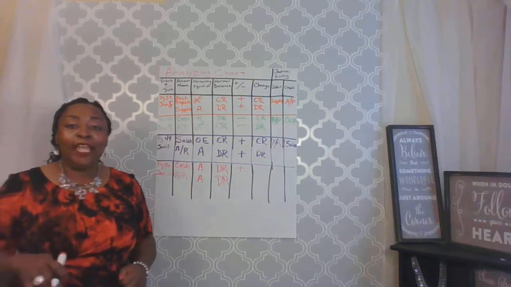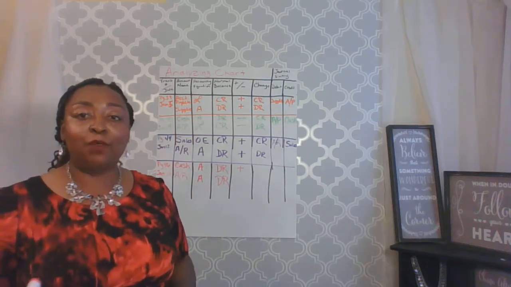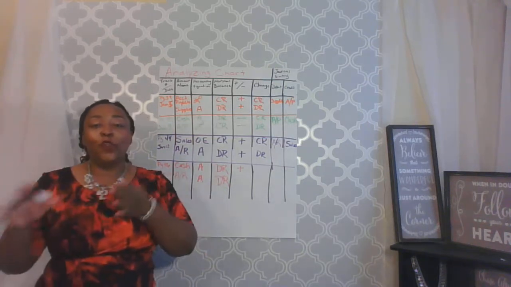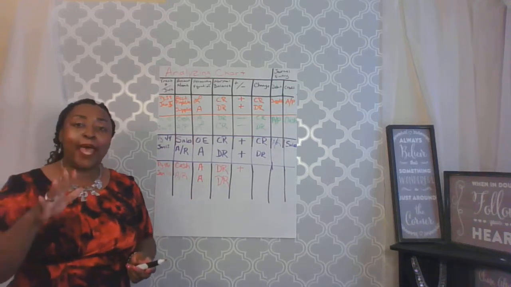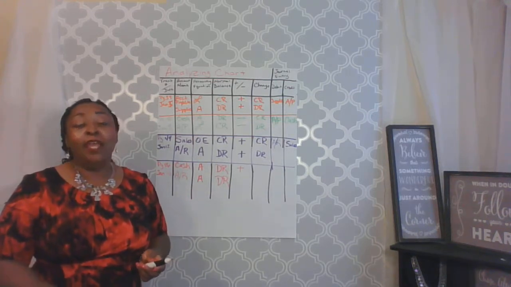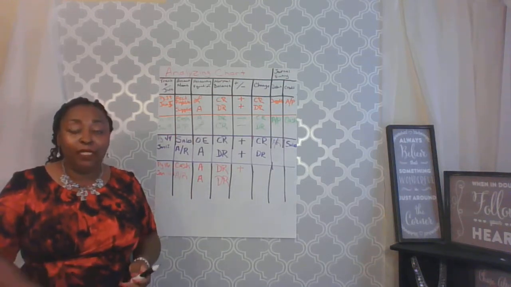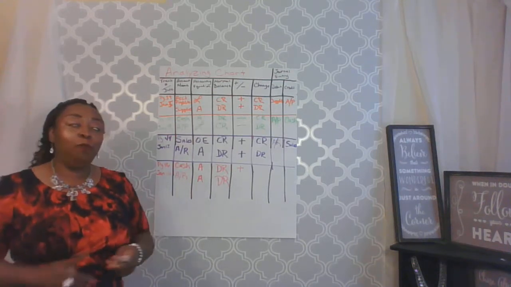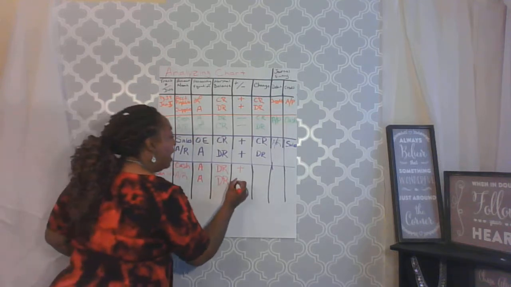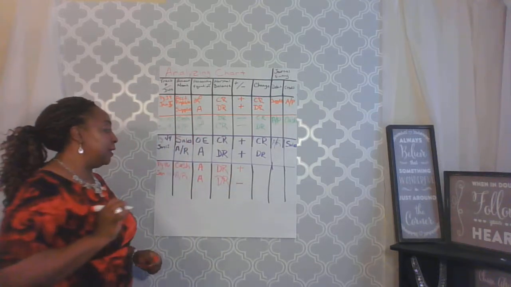We receive cash on account. So if we receive cash on the account, that means the account balance is going down. They now owe us less. That means we have less money that we expect to receive because they're paying us. So that one will be a minus.